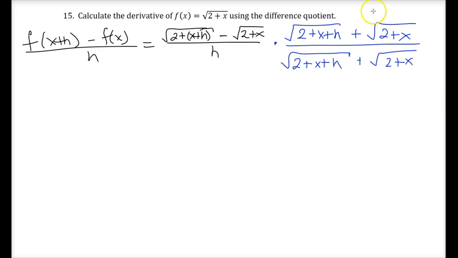Now we need to multiply the numerators together and multiply the denominators together.